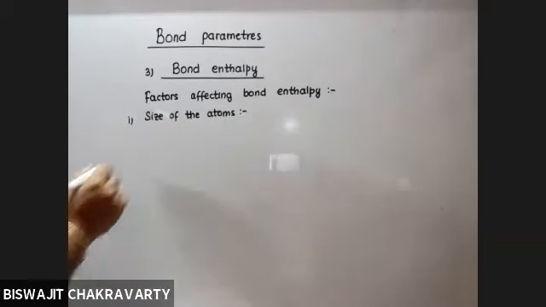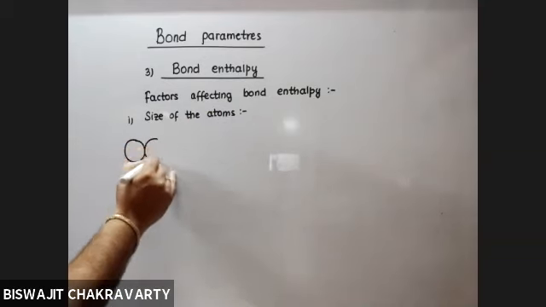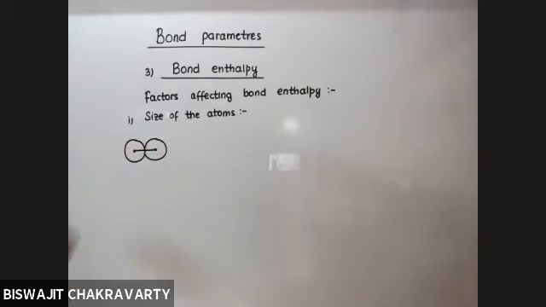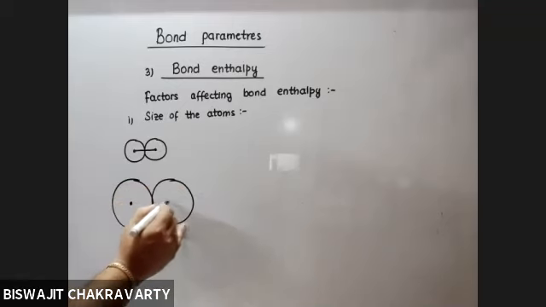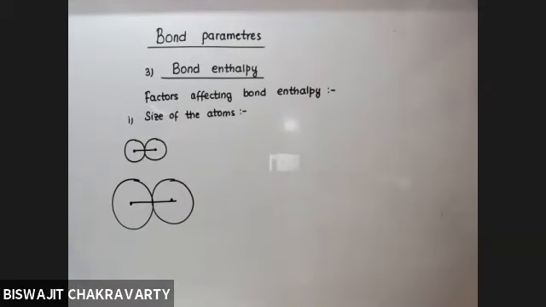If the 2 atoms combining are small, we have already learned the bond length is small. But if the 2 atoms combining are large, the bond length is large. Where do you think you need to supply a greater amount of energy to break the bond? Smaller, because the smaller bonds are stronger bonds, isn't it?